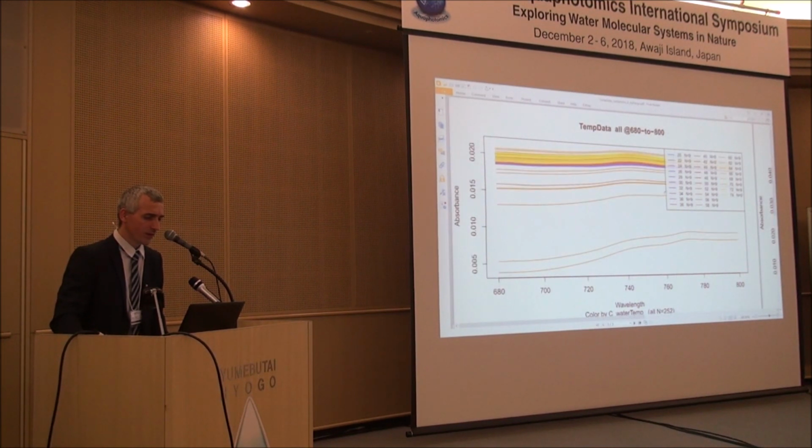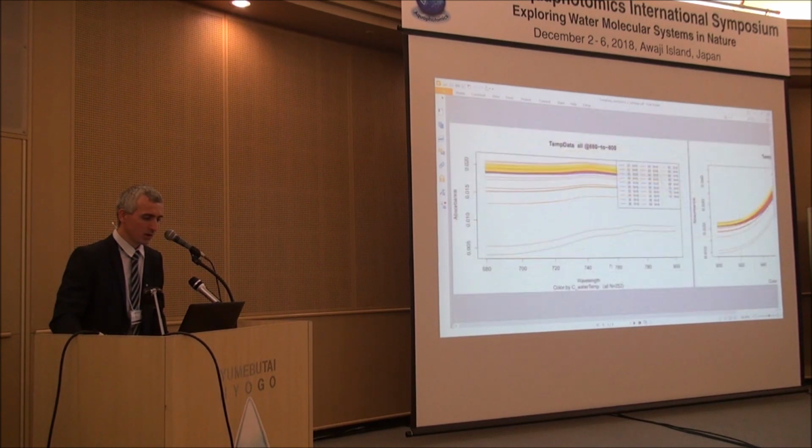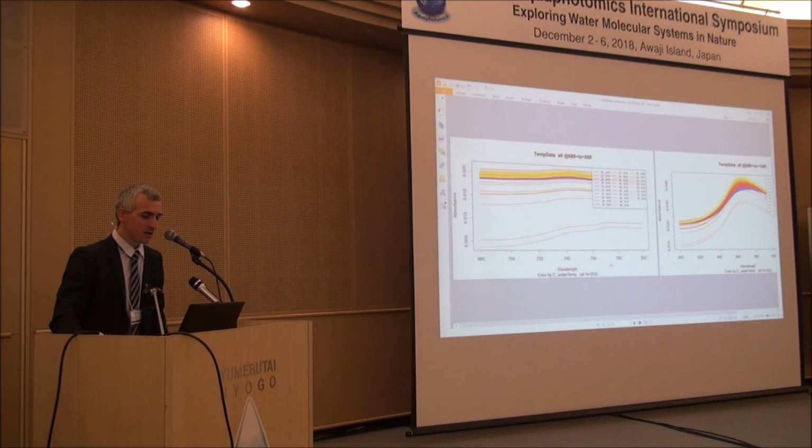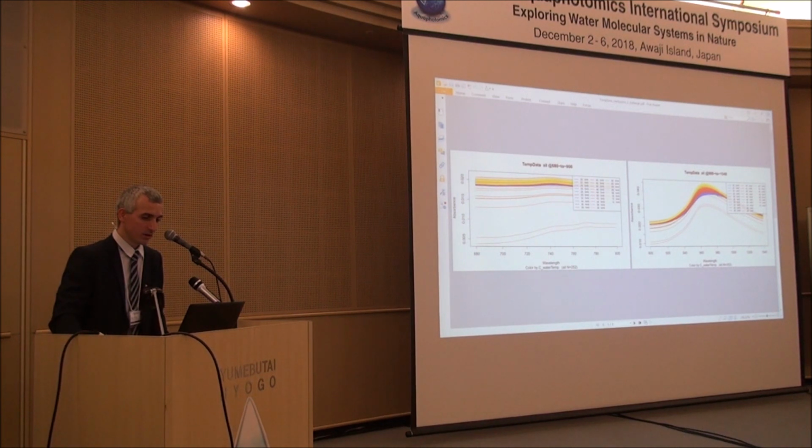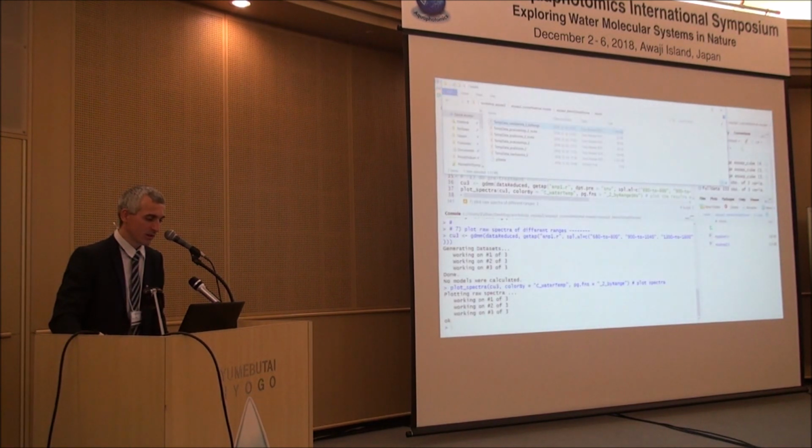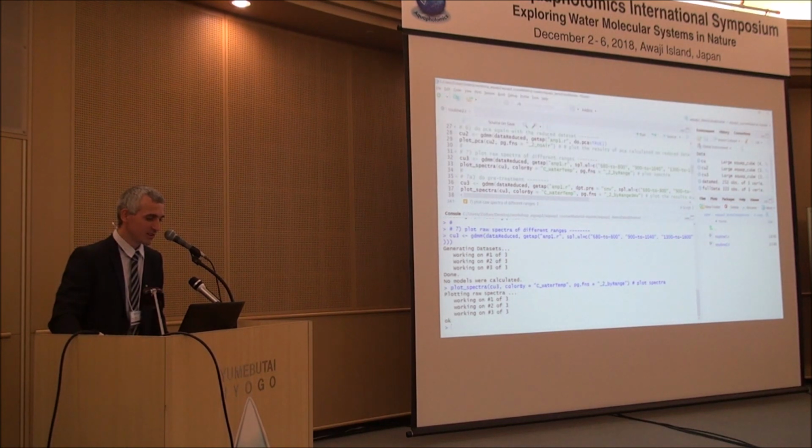What we can see here is a baseline shift in the first and second overtone. So we might need to apply some pretreatment. We had great discussions today about pretreatments, so I will not go into details. Instead, I will just tell what we did in this course materials.